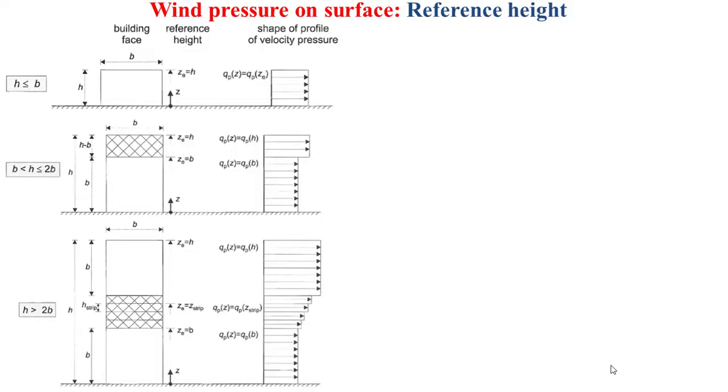Case 3 is considered when the height of the building is greater than 2 times the depth B of the building. In this case, the building is considered multi-part.